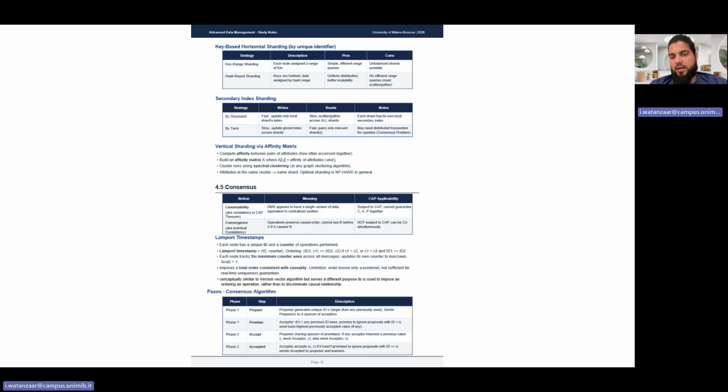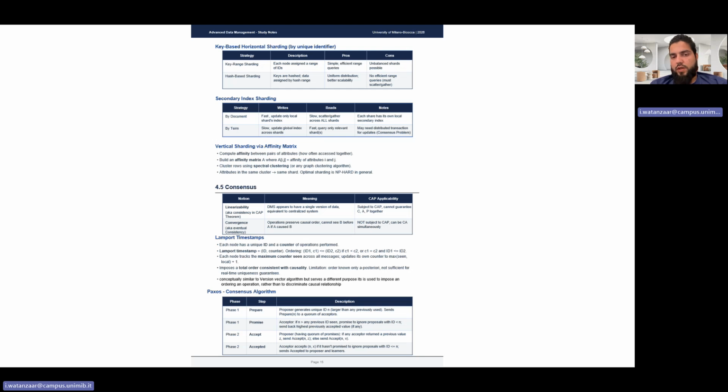The first phase was prepare, now the second is promise, and the third is accept. The proposer, having a quorum of promises: if any acceptor returns a previous value, let's suppose Z, it sends accept with Z; else it sends accept with its own value V. And the fourth phase is accepted.